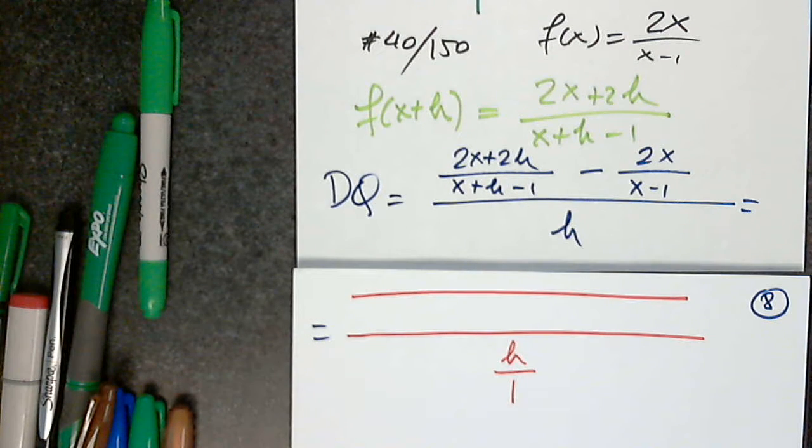It would be 2h over h, right? Because you cancel out everything else. Be very careful. I don't know how to get rid of. You just have 2h over h. Okay. So everything else cancels out.